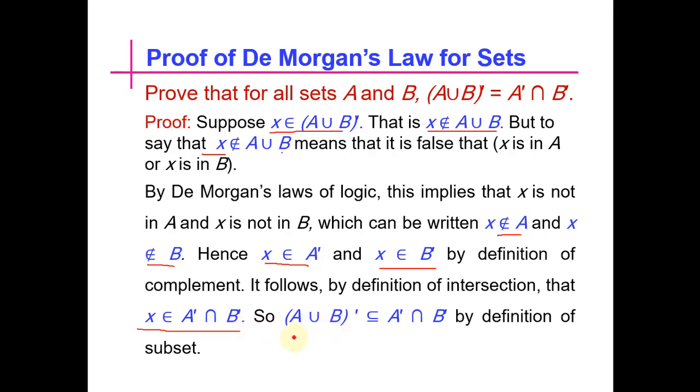So now the complement of A union B is contained in A complement intersection B complement.